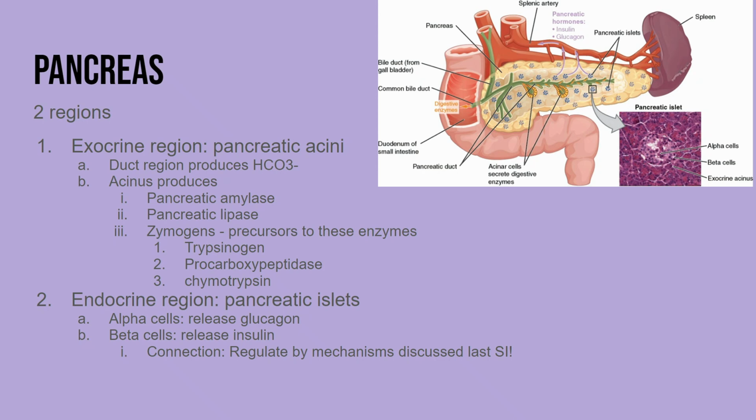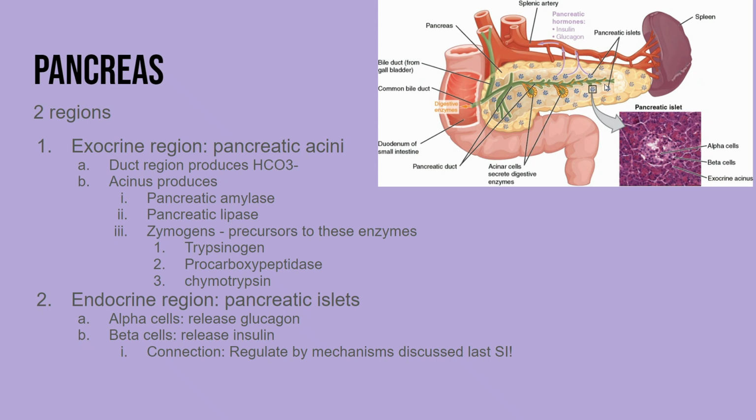And then this relates to what we talked about last week if you watched the SI session. The endocrine region of the pancreas is known as the pancreatic islets, I think. And that's these little blue flower looking structures on the diagram.